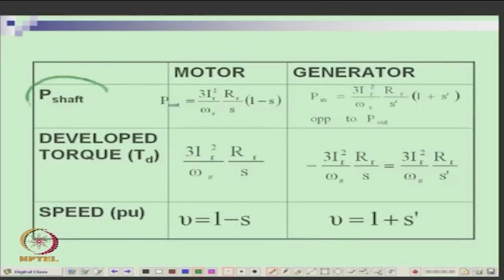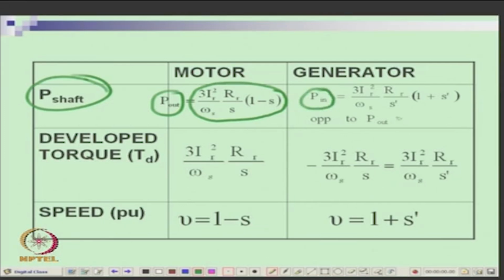Now, shaft power in the case of motor is output power, that is 3 times IR square RR by S into 1 minus S, right. But the shaft power here is input power which is opposite to this power, okay, that is 3 times IR square RR by S dash, because S becomes S dash, and this is 1 plus S dash here, that will be the shaft power, okay.